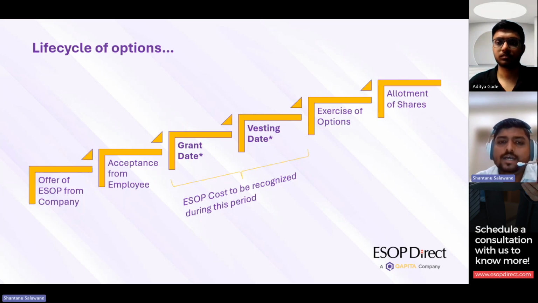So determination of grant date becomes very critical, because my fair value has to be as on the grant date. Since my fair value is attached to the grant date value or the parameters as on the grant date, it becomes very critical to decide the grant date.